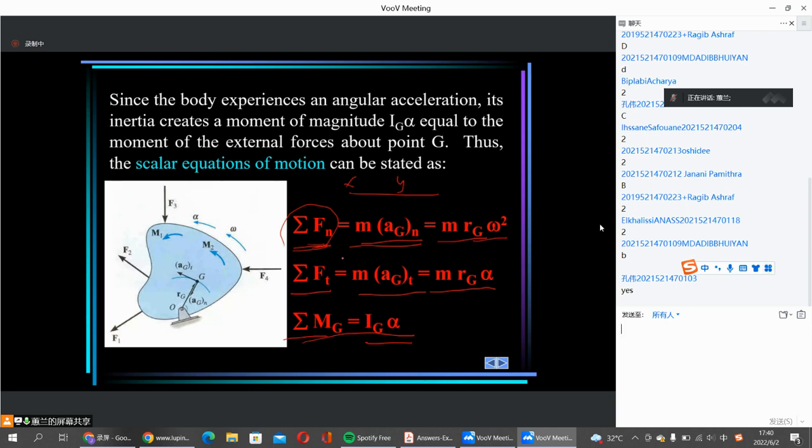And again, we said we can take any point, right? Just like point O, which here is the rotation center, or point A, just as you wish. And it should equal sigma M_kO, right? We know they are equivalent force systems, so they should have the same moment about any point.